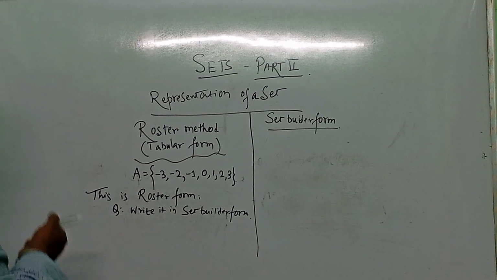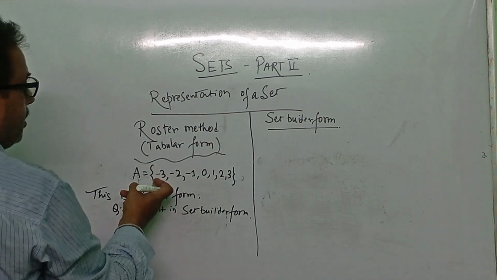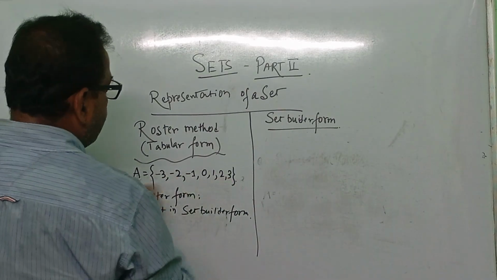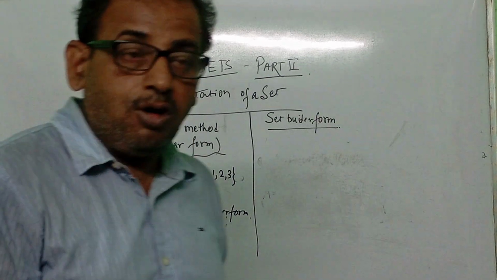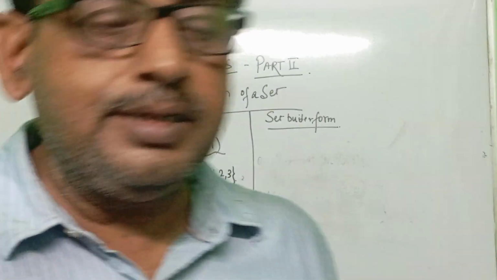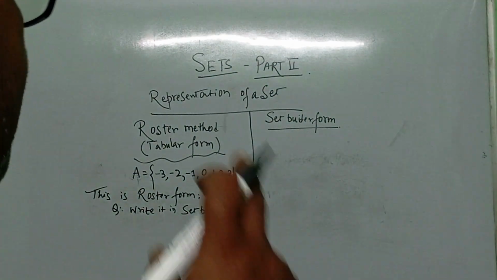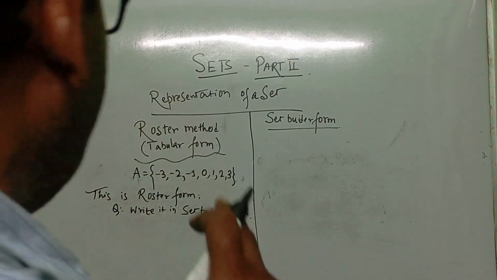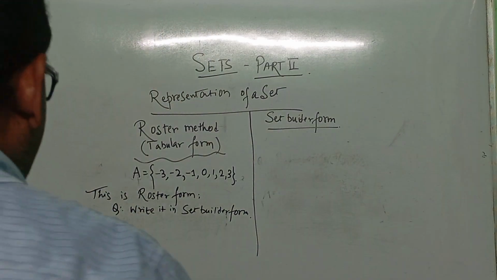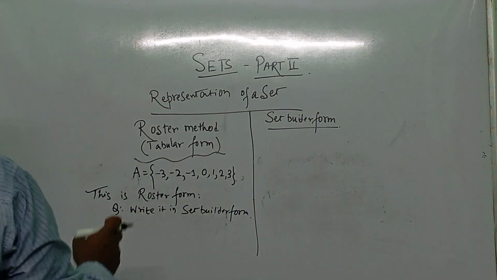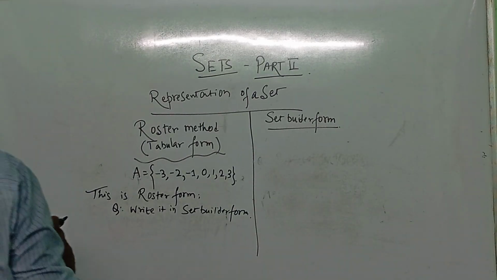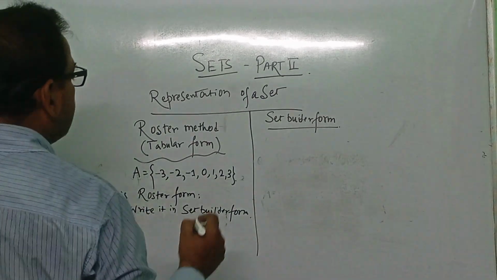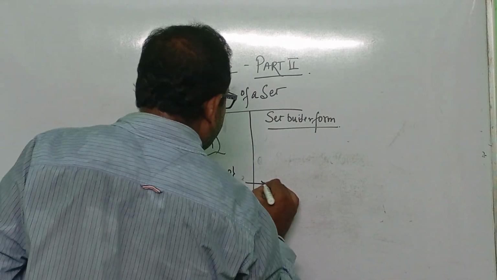Now look very carefully: this starts from -3 to +3, so it's a set of all integers. You check the part 1 video, where we represented all integers by Z. Then what answer will we write?